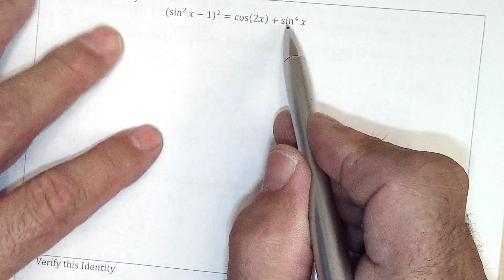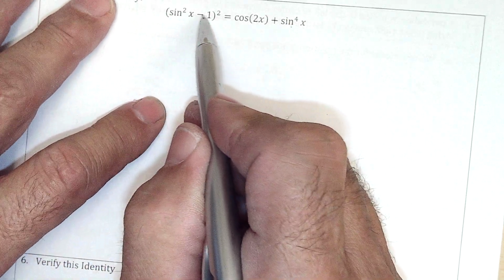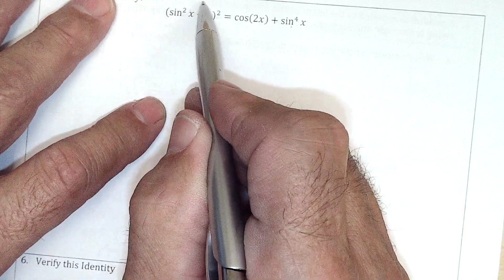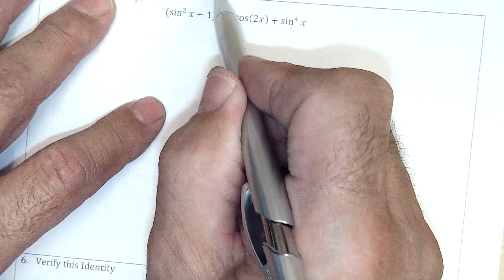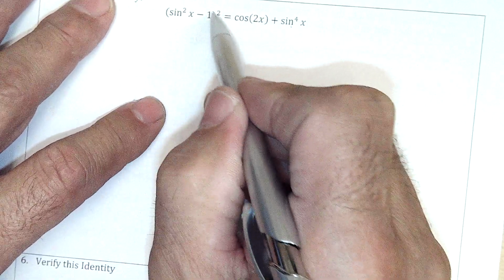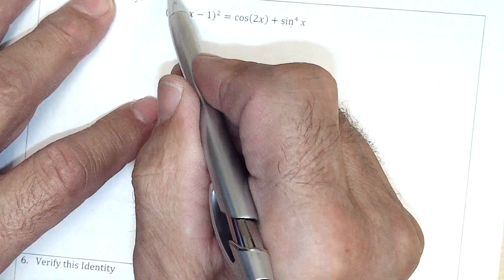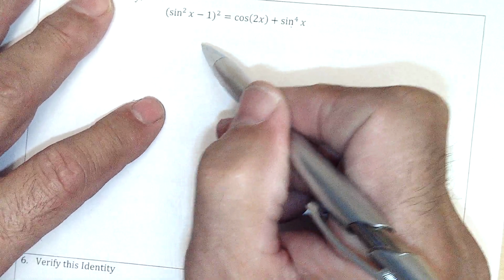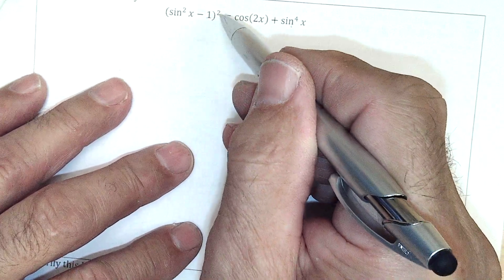So we got a sine to the fourth. So sine squared minus 1 is the negative of cosine squared. 1 minus sine squared is cosine squared. So we could call this negative cosine squared because that's the negative of that, and that's the negative of that. So we could call it cosine squared squared.